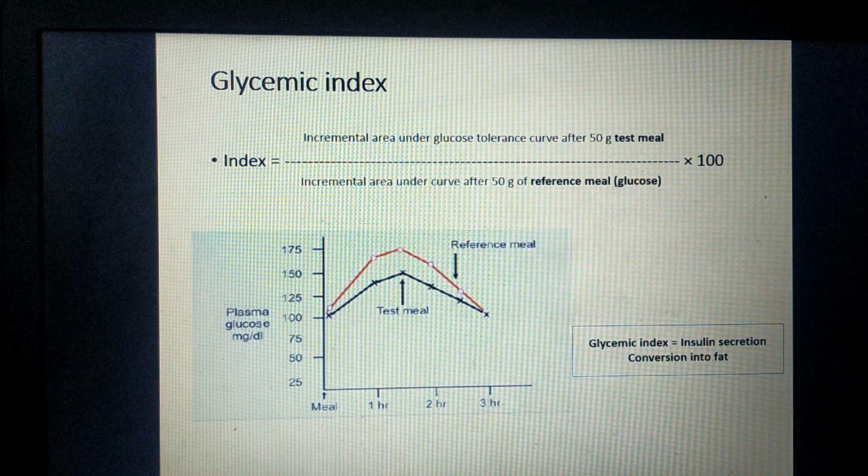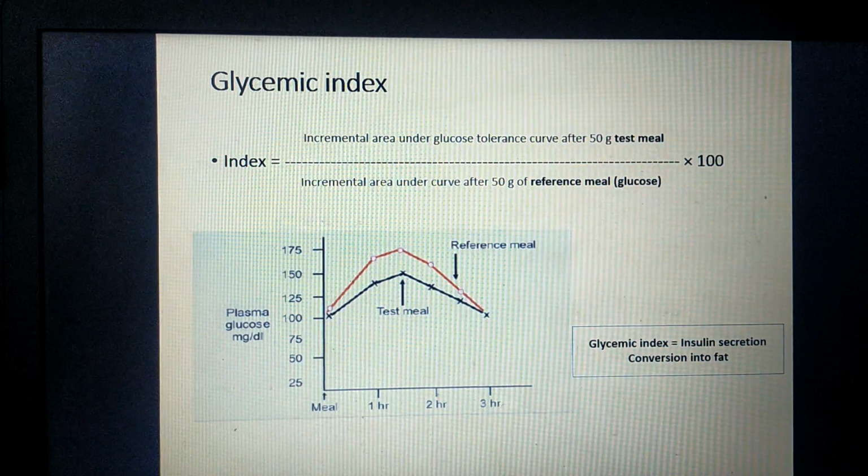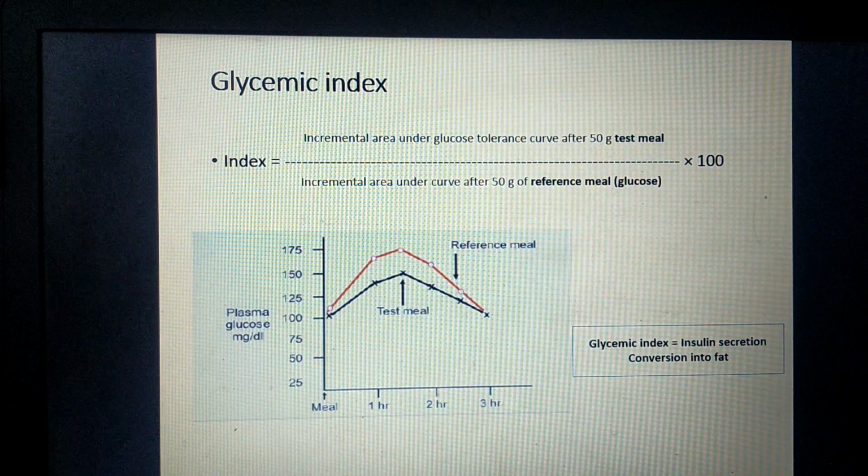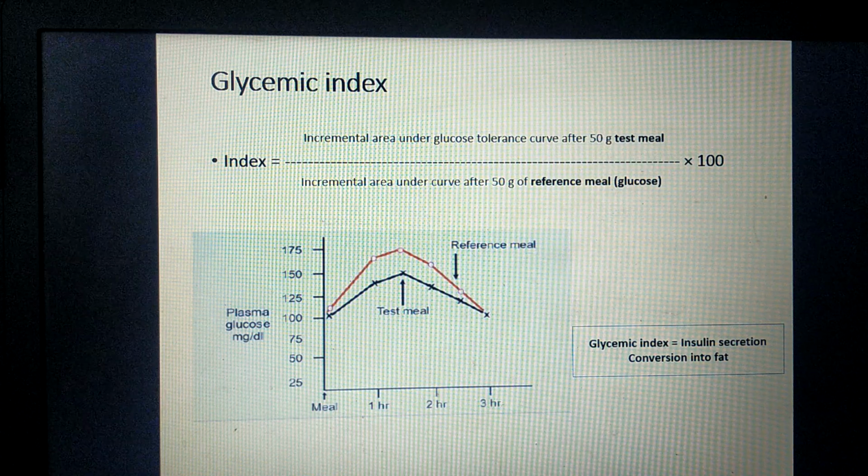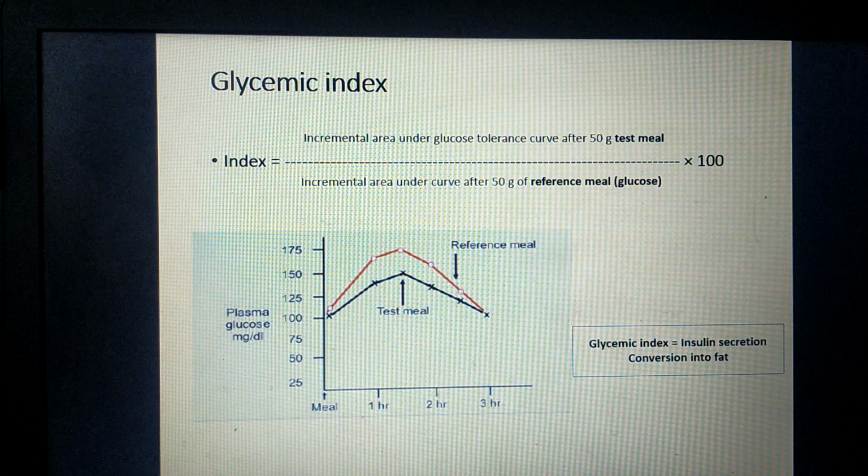Every half hour we take the blood sample of that patient and measure the blood glucose level. After measuring the blood glucose level in both cases, we will put the values in this formula, or we can plot a graph which is shown below.